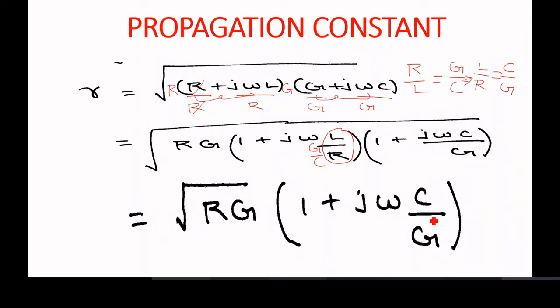I got this by using the condition R by L equal to G by C. From this I substituted L by R equal to C by G in this expression.